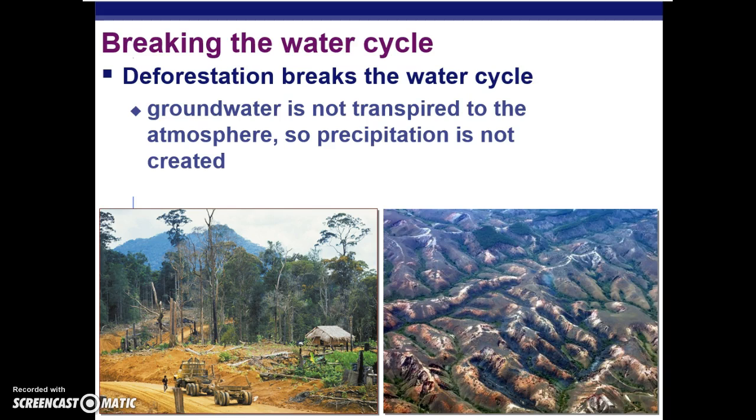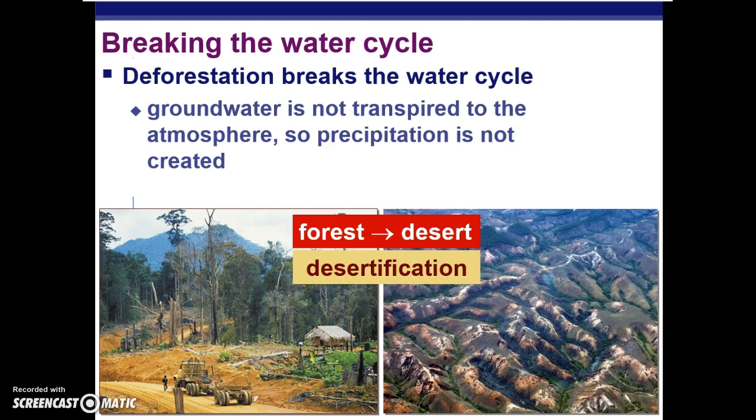And so we get actually a breaking down of the water cycle, because then precipitation cannot be created in the clouds if you're not getting enough water up into the atmosphere. That process when we go from forest to desert is called desertification.